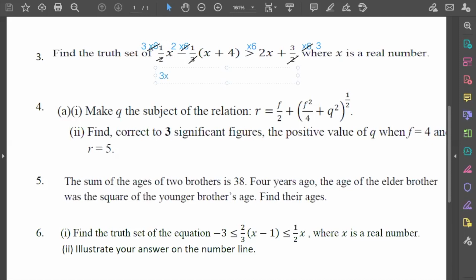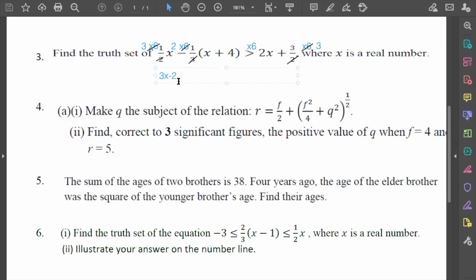Now don't forget the sign. The sign is negative. So here it's already negative 1. What is 2 times negative 1? Negative 2.